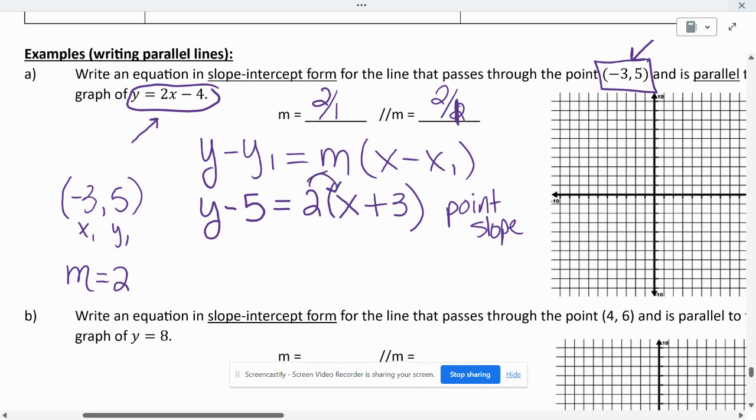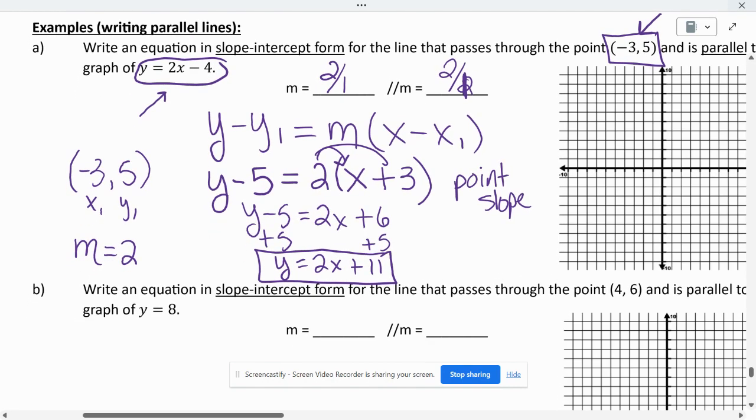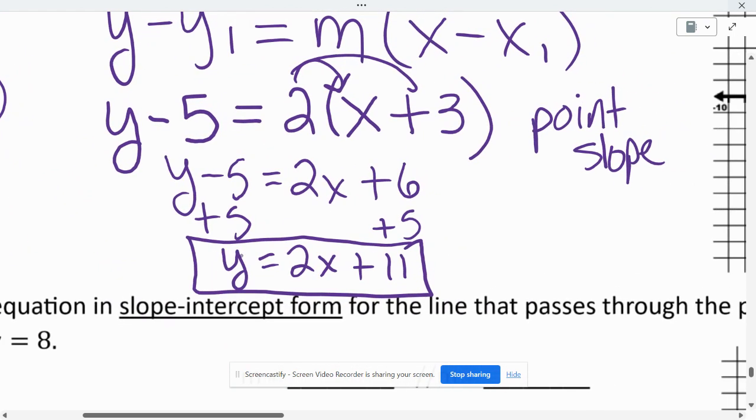Distribute your 2. y minus 5 equals 2x plus 6. Add 5 to both sides. y equals 2x plus 11.